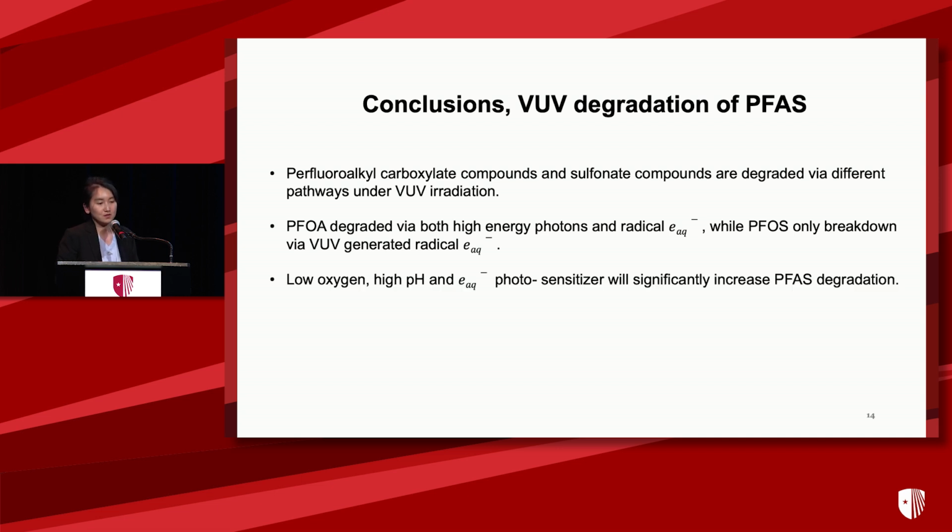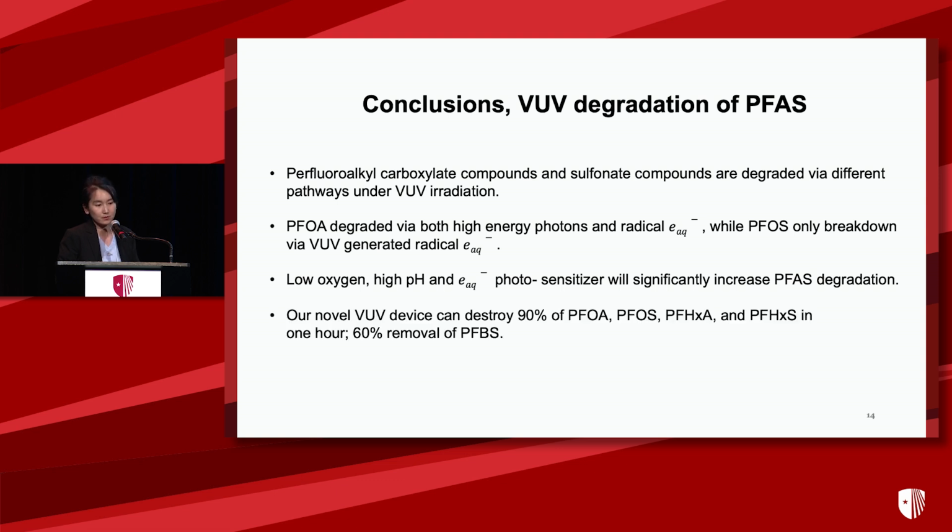And low oxygen, high pH, and hydrated electron photosensitizers will significantly increase the PFAS degradation. Also, our novel device designed in our center can destroy 90% of PFOA, PFOS, and PFHxS in 1 hour, and also 60% of the PFBS.